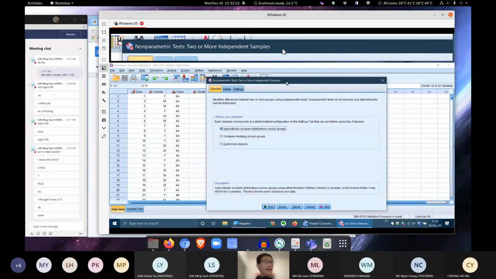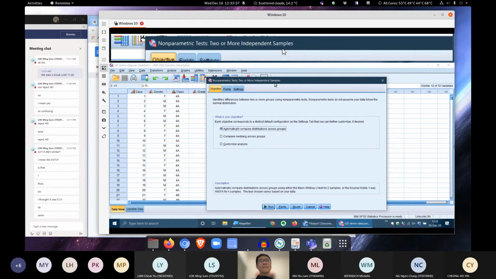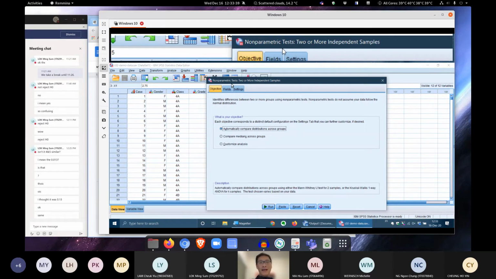The t-test and the ANOVA were written many years ago, and the non-parametric test procedure is relatively new. There is one advantage of that. The advantage is this thing has artificial intelligence. So it is very smart and it can determine something automatically for you.